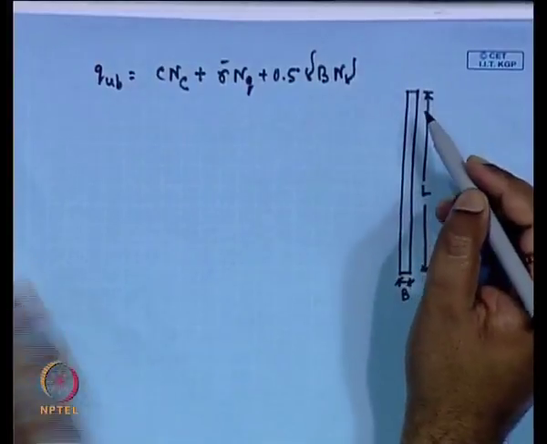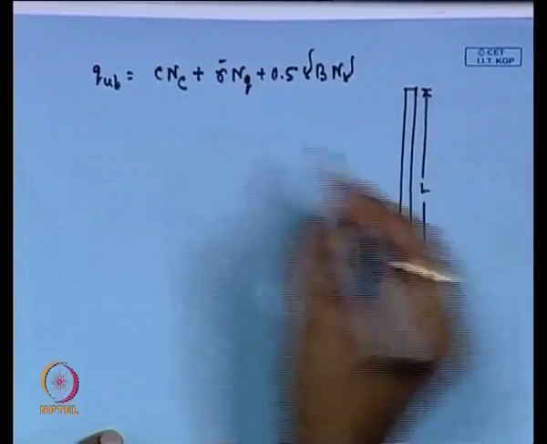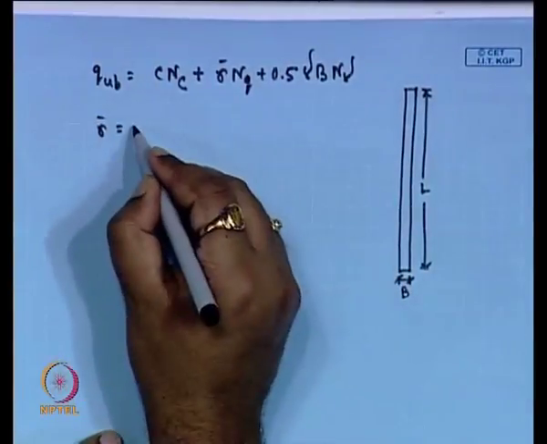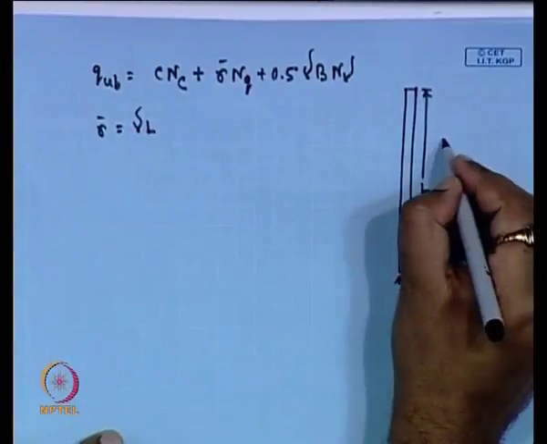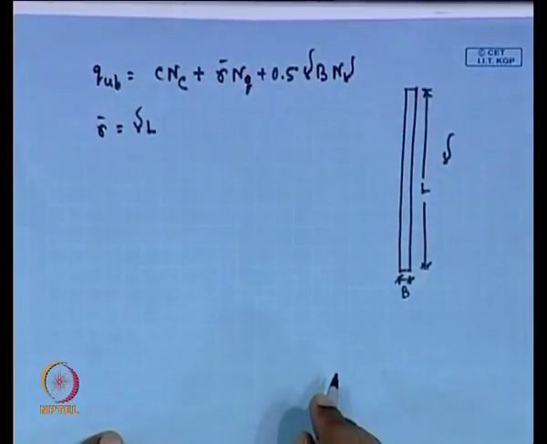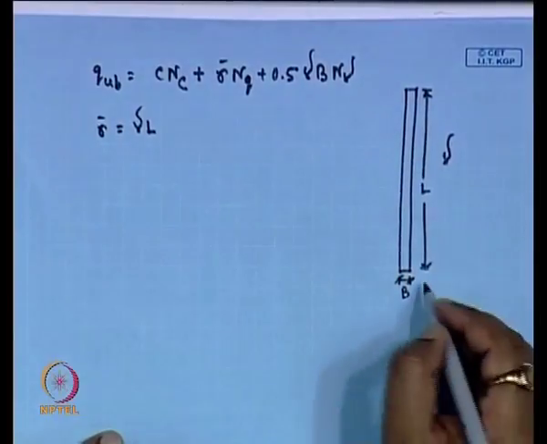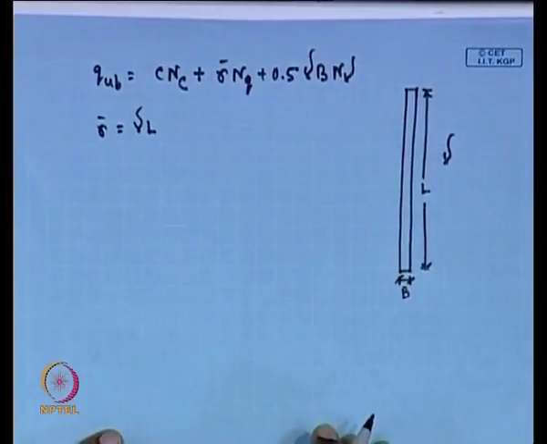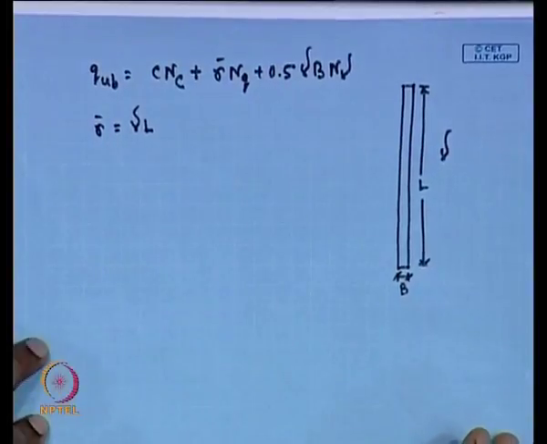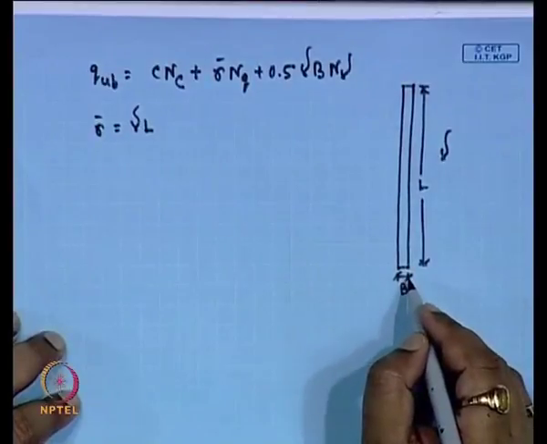So, sigma bar we can write as gamma into L. This is gamma, the unit weight of the soil in this region, and if I am talking about the same soil, this is also gamma. Otherwise, if it is layered soil, you have to consider the different layer unit weights.